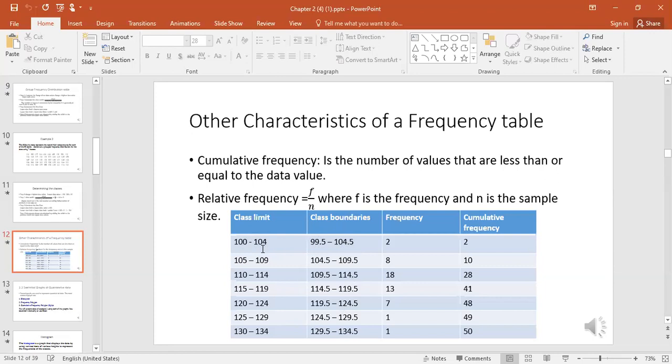You can see here we subtracted 0.5 from 100 to get 99.5 and added 0.5 to 104 to get 104.5. So that is how we construct the classes. Next, we could compute the class midpoint, which we have not done here.